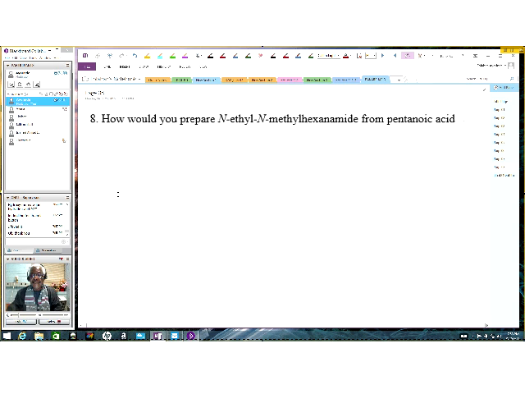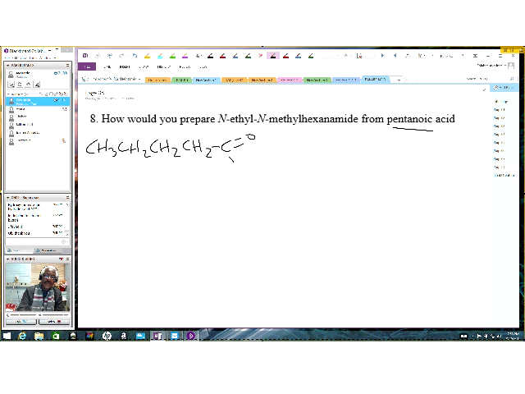Okay, so we want to make our N-ethyl N-methyl hexanamide from pentanoic acid. Let us start off by saying what the structures of these are. The structure of pentanoic acid first. So this is also testing your knowledge of nomenclature. Okay, so that's pentanoic acid.